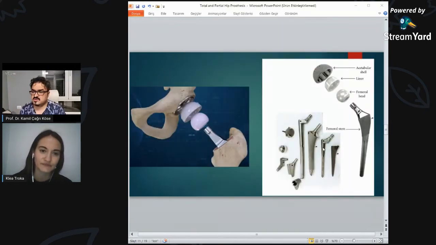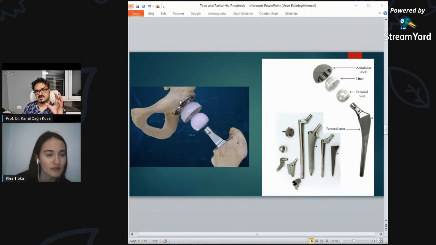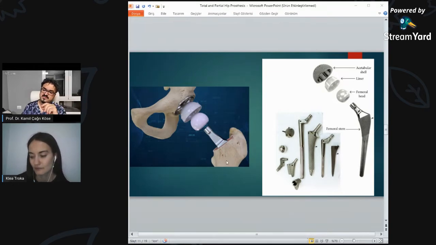In this picture, I wanted to show you the parts of a total hip replacement prosthesis. You can see that there are many options, many surface options, many component options. First of all, I want to show you the acetabular socket. This is made of metal. Metal? Metal, yes, chrome cobalt metal. Then we have here the femoral stem.